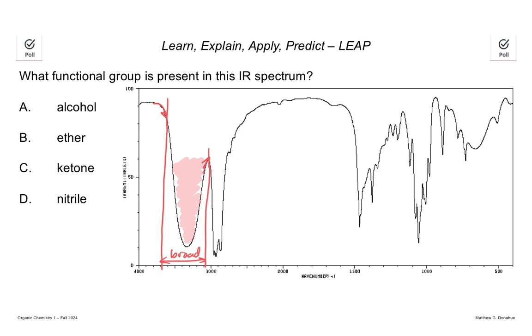Notice that it goes back up before it reaches that CH stuff. And it looks different from a carboxylic acid because that OH is more shifted into the CH region. You have separation.